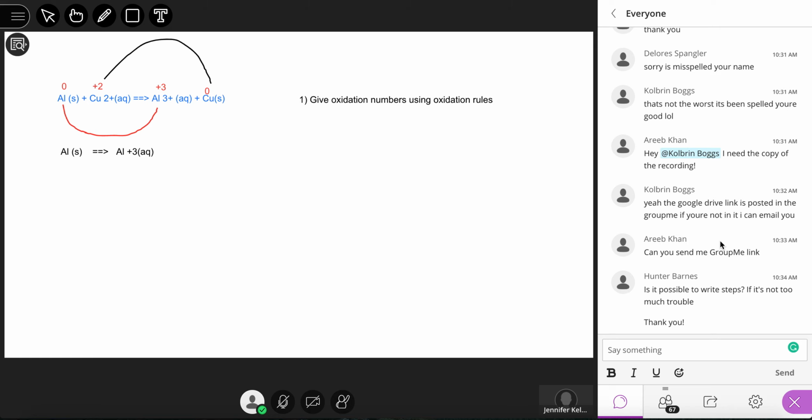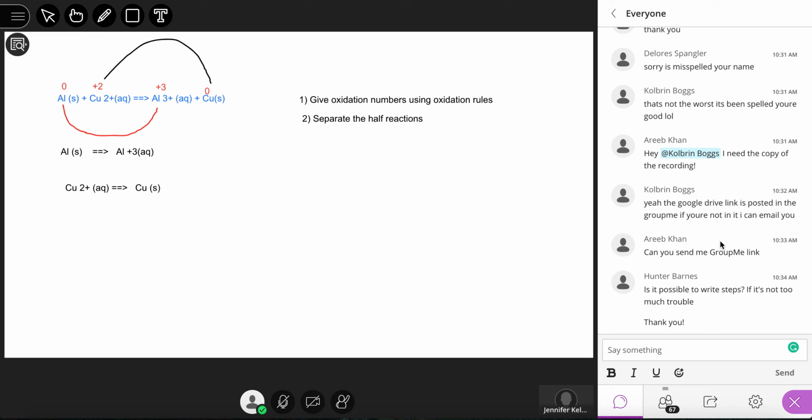Step 2, separate the half reactions. That's what we're doing at this point right here. All right, so the next half reaction is going to be copper 2 plus aqueous goes to copper solid.